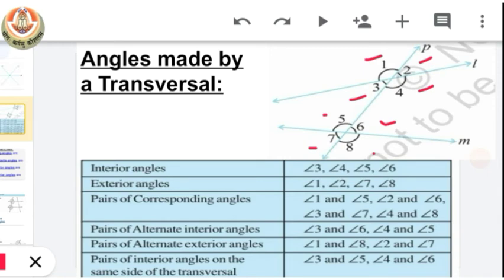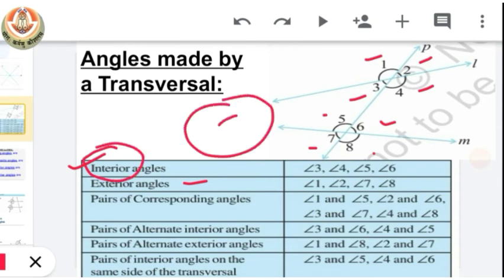You can see here the two simplest names are interior angles and exterior angles. We all know the meaning of interior, which means inside, and exterior means outside. So it simply means interior angles consist of all the angles which are inside, in between the two lines.